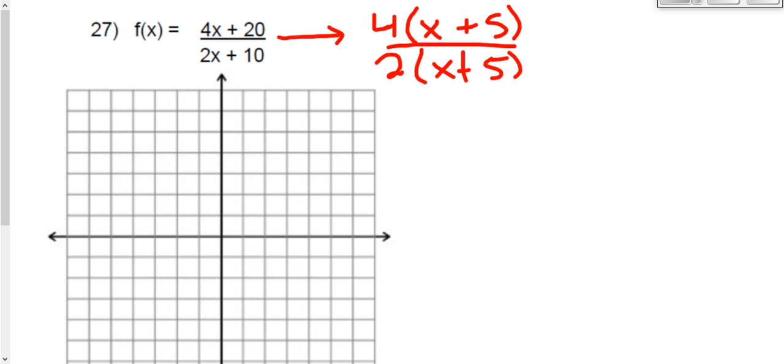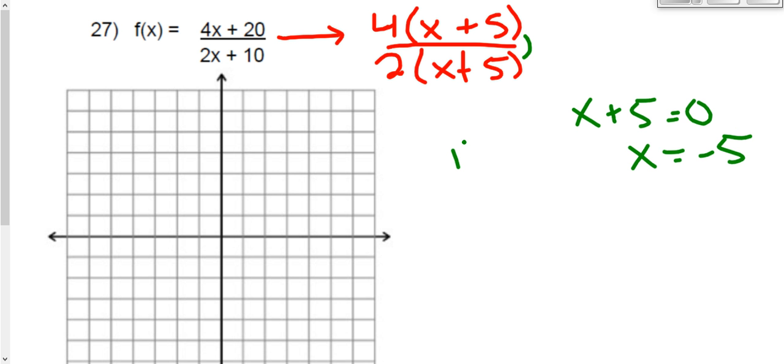And wouldn't you know it, we have an x plus 5 on top and bottom, which means that's where my hole is going to come from. So we take that x plus 5, we set it equal to 0 to find my hole, and my hole is going to happen when x is negative 5. So I have a hole at x equals negative 5.